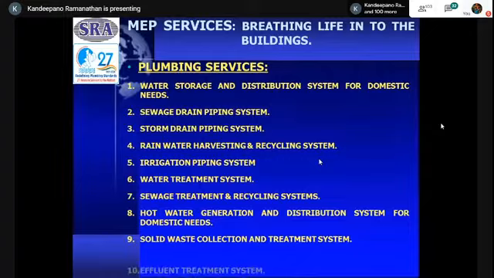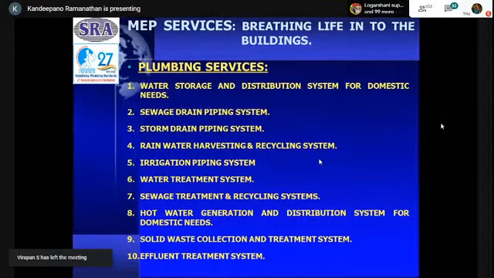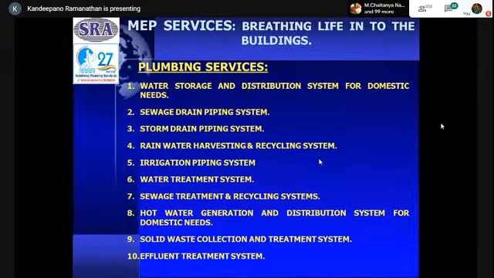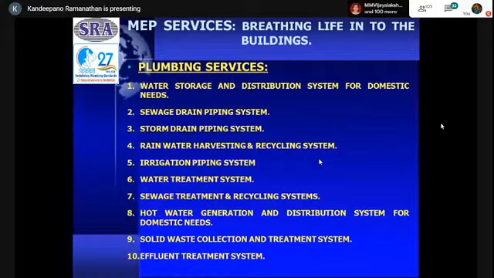Then effluent treatment. Effluent treatment is different from sewage treatment in that this is not a biological waste, this is a chemical waste. Chemical waste can come out of, let us say, a dyeing plant, where they give the coloration to the clothes, and the discarded liquid waste from that plant is called an effluent, which carries a lot of chemical waste.